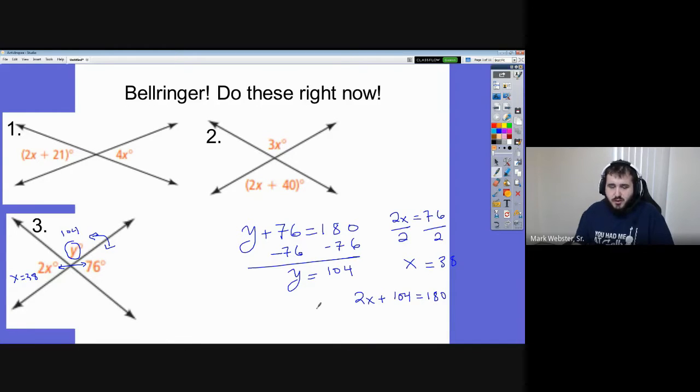So if I do it this way, I better get the same answer as I did up here, right? So let's make sure. I subtract the 104. And look what I get. 76, right? Well, isn't that what I had up here? So I know that this is going to be x equals 38. So I know it's got to be the same.